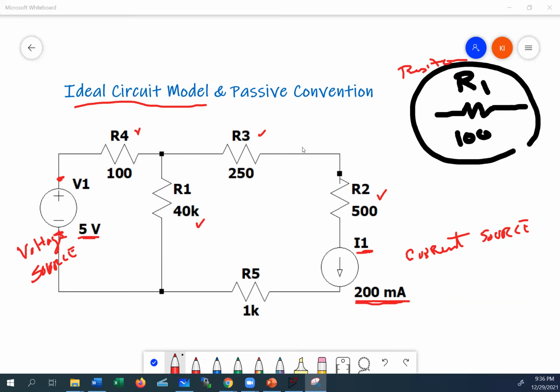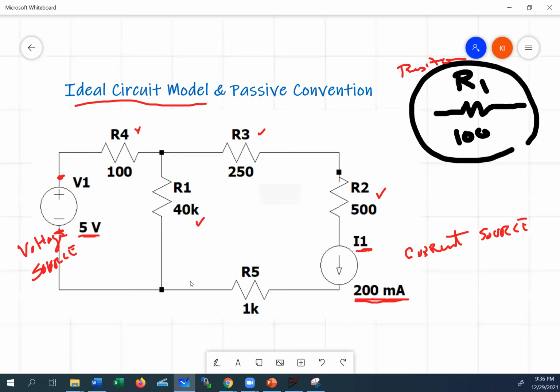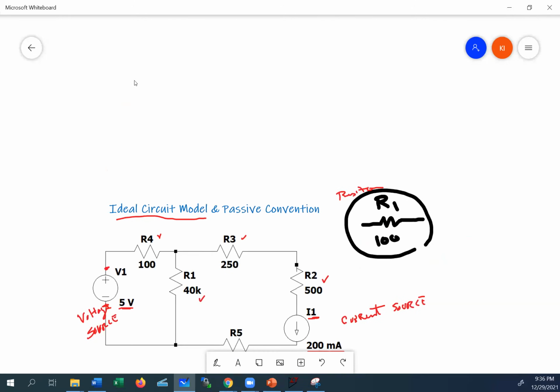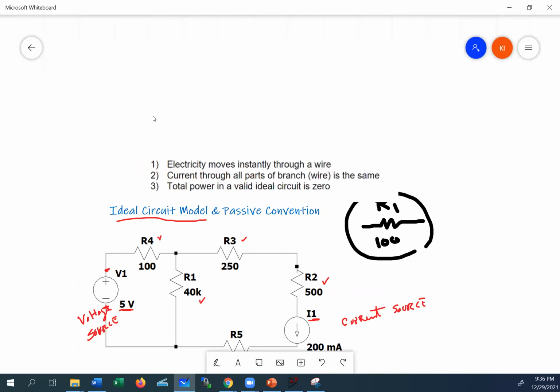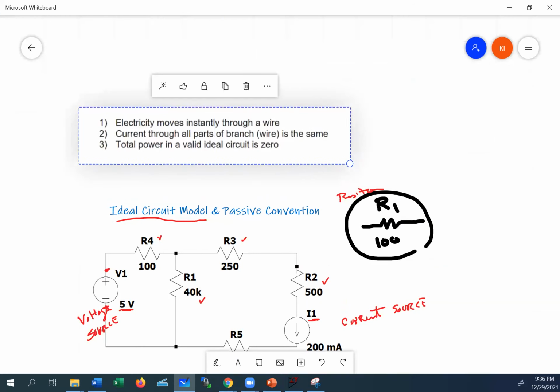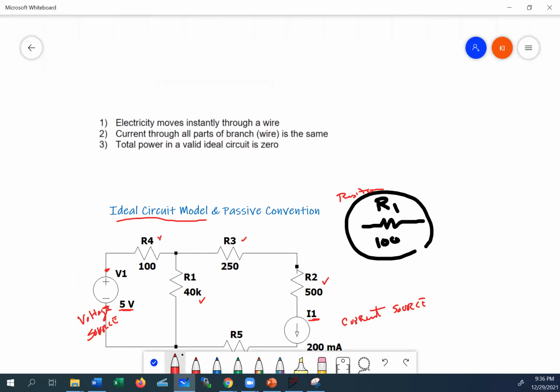All right. So an ideal circuit will have all of these three characteristics.